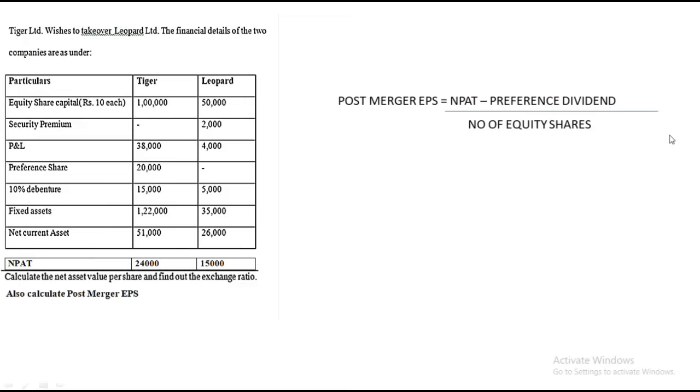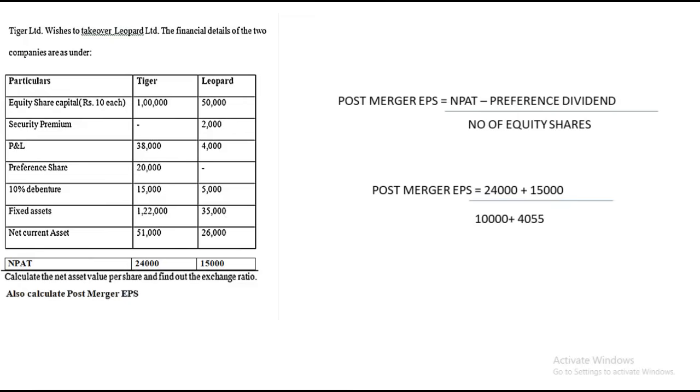The post-merger EPS formula is NPAT minus preference dividend upon number of equity shares. Now in the question you can see NPAT is given for both the companies. There is preference share, but there is no percentage of dividend mentioned, so we'll consider preference dividend as 0. Number of equity shares will be of the acquiring company, which was 10,000, and the new shares that we got, 4,055.